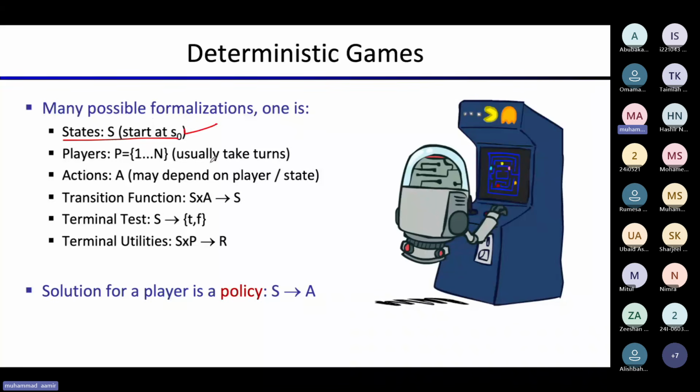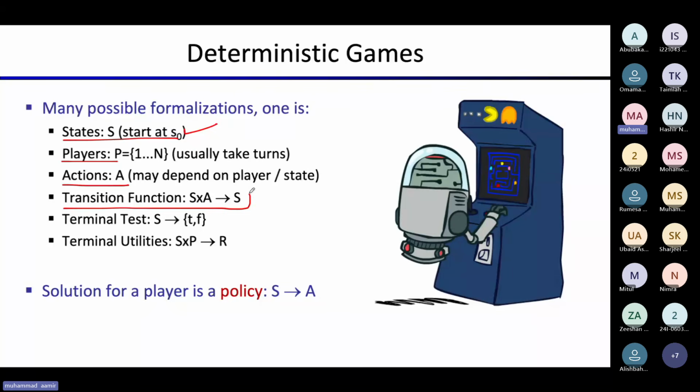Players: in the case of a one-player game, there will be one player. In the case of a two-player game, there will be two players. In the case of a multiplayer game, there could be n number of players. Then actions: the possible actions that any player can take. The transition function is similar to the successor function we studied in the previous regular search algorithms.